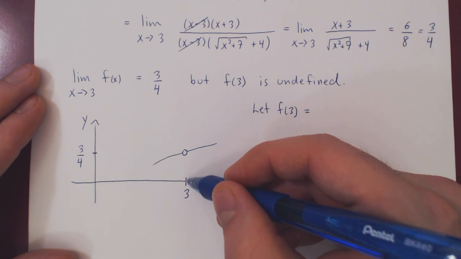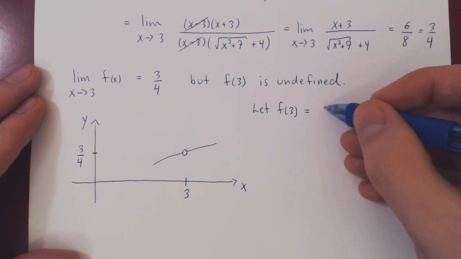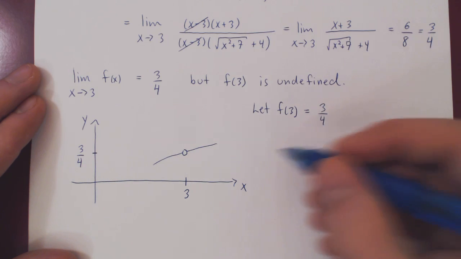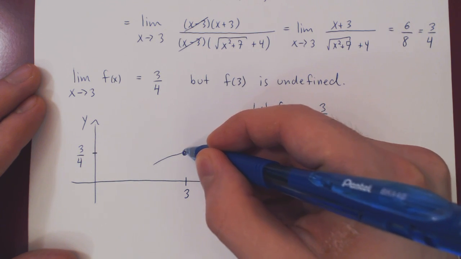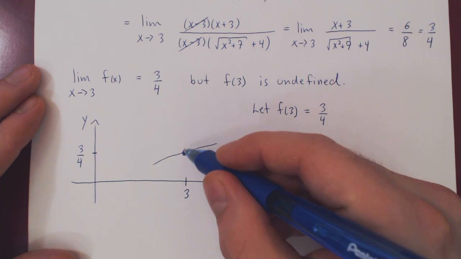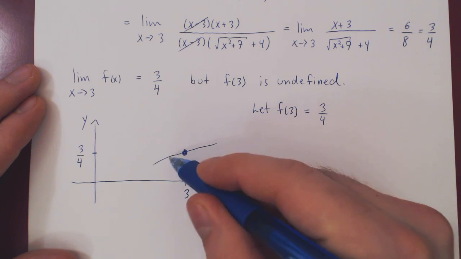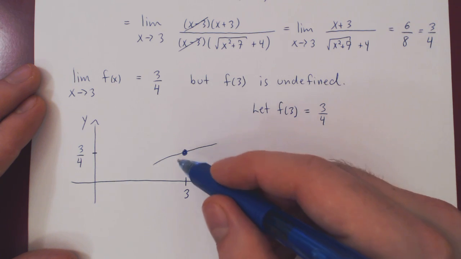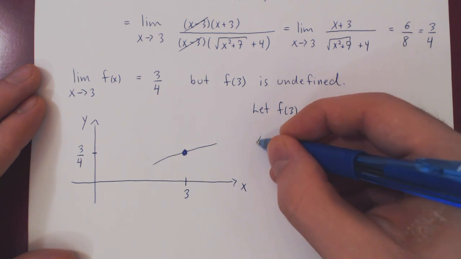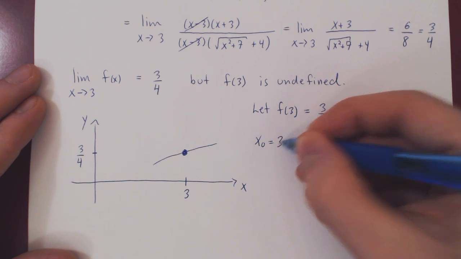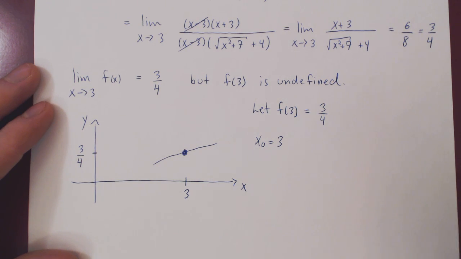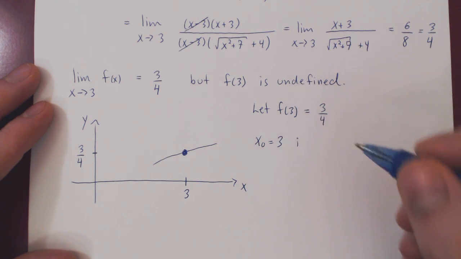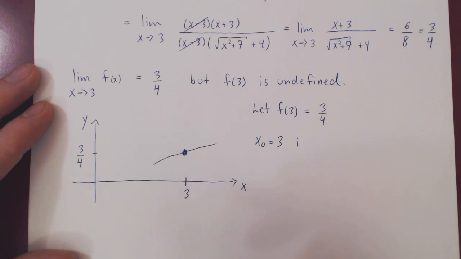If the y value at 3 is 3/4, then we're filling in the hole, which again I exaggerate, and now there is no longer a break in our function, which makes it become continuous. Because we can fix the problem this way, x0 equals 3 is also a removable discontinuity, because we are able to remove it.